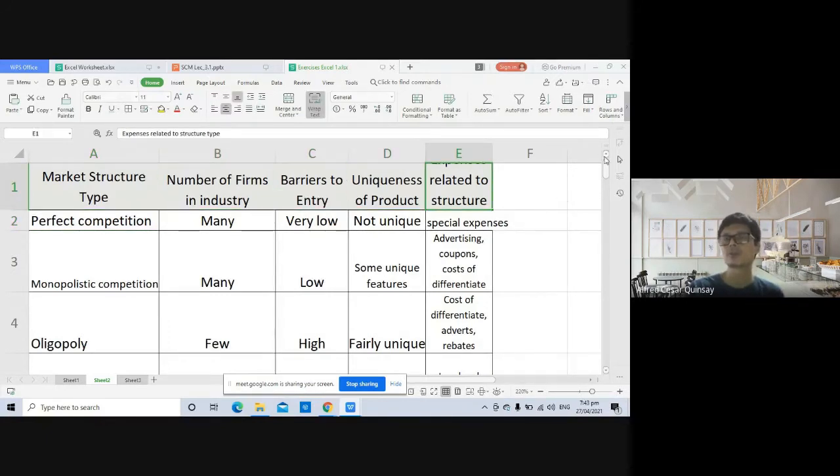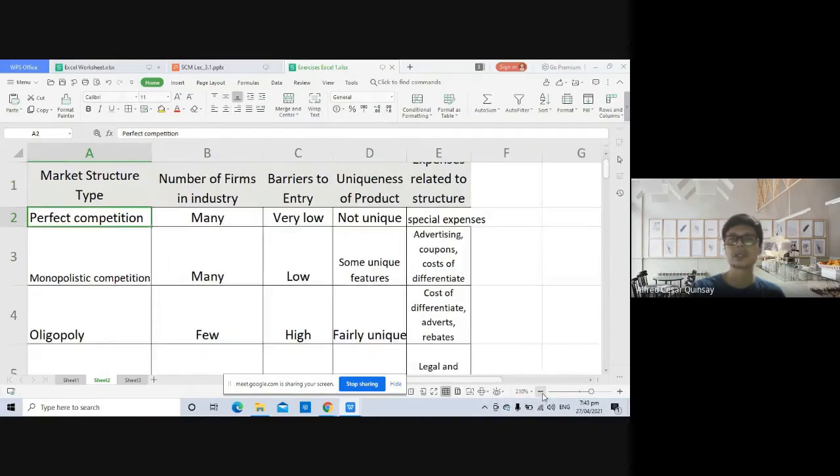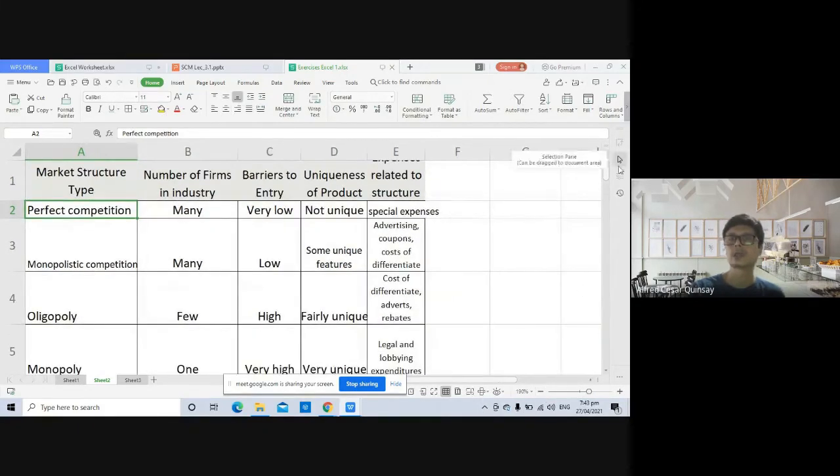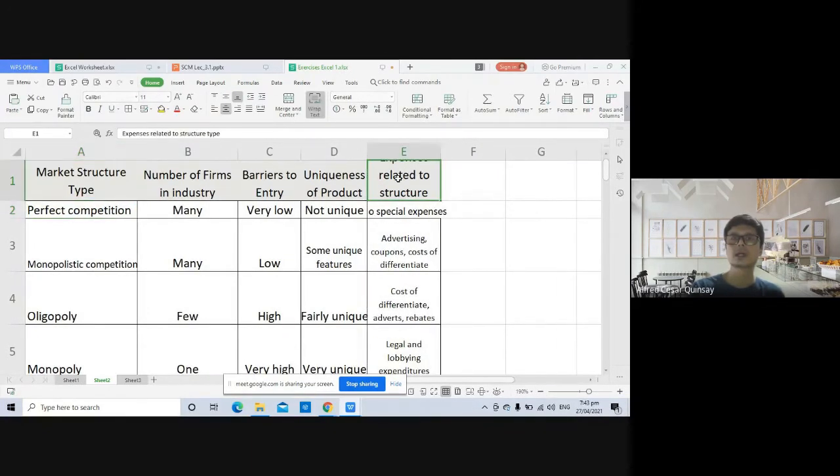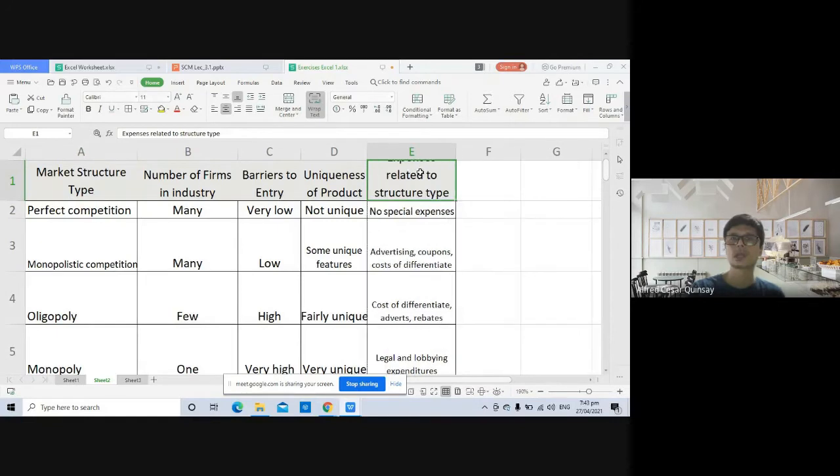For example, merong apat yan, makikita natin dito sa may kaliwa. Ito yung pinaka-category nila, whether it's perfect competition.